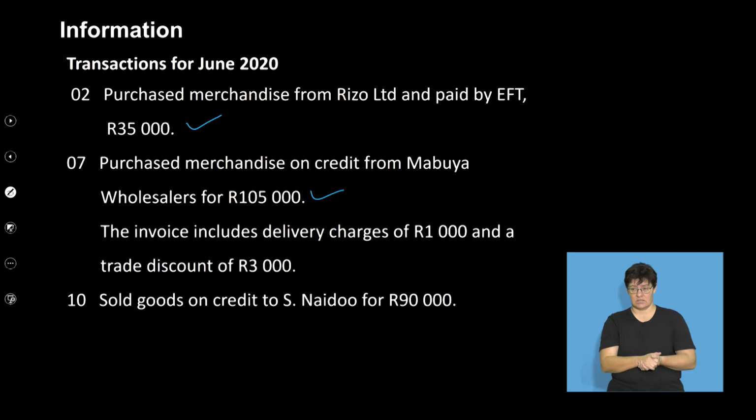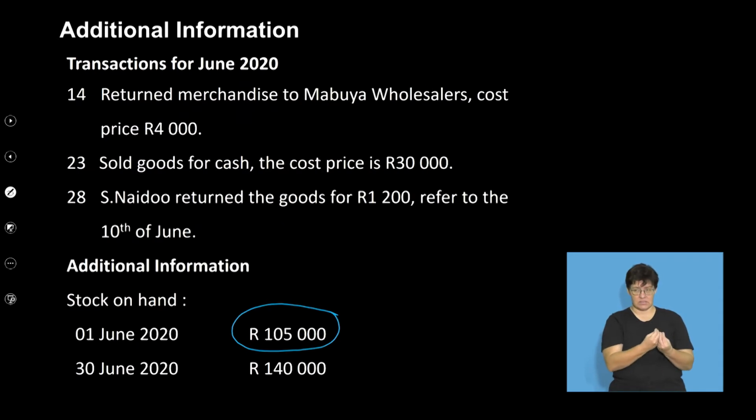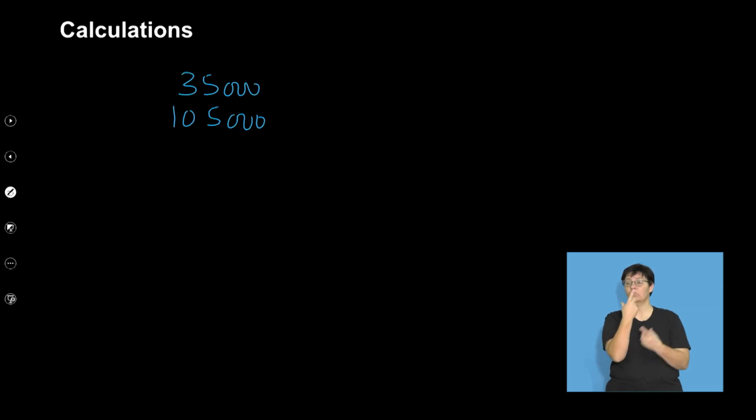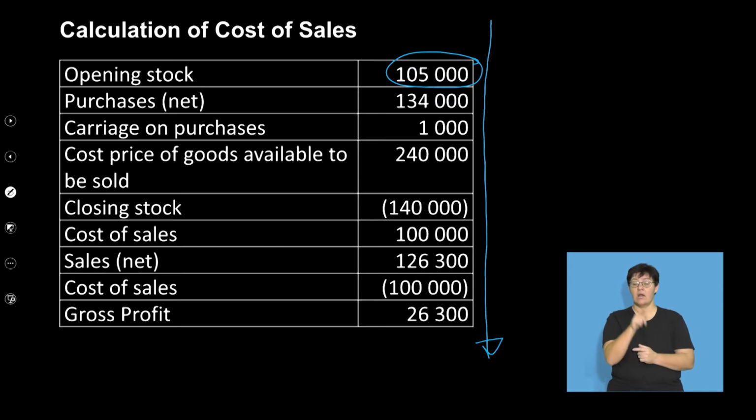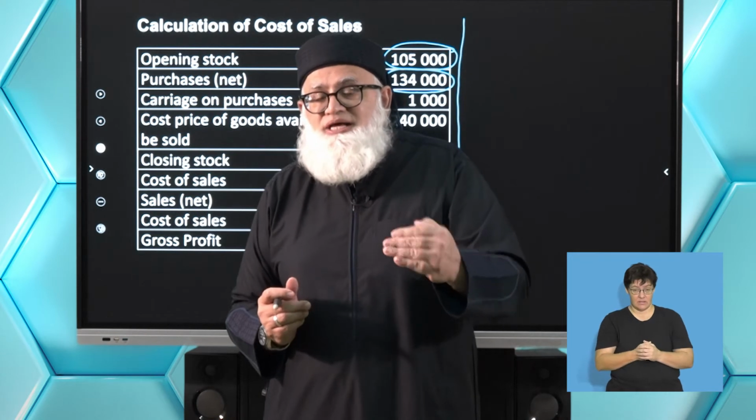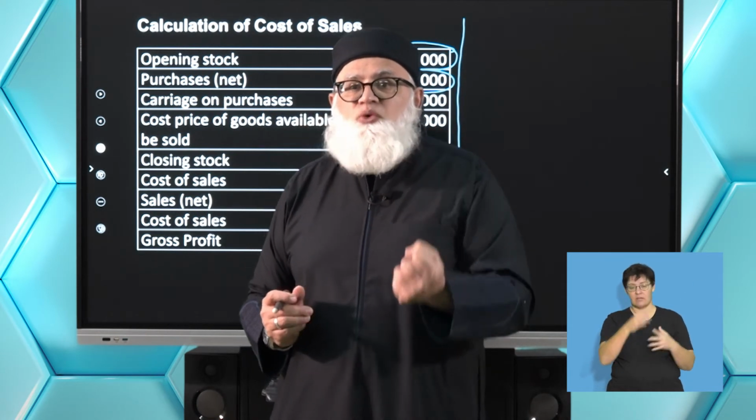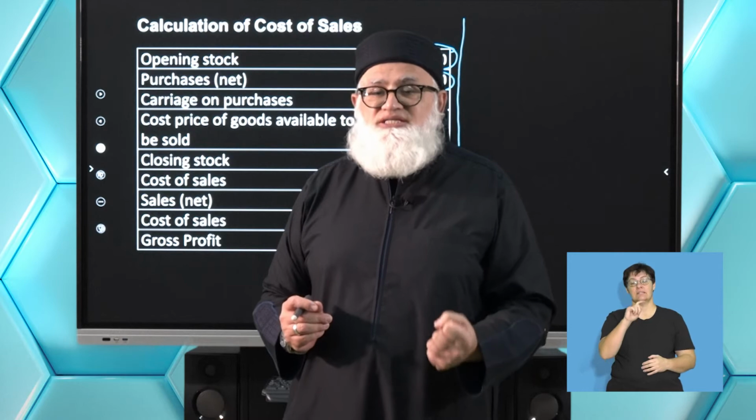Okay, then we sold goods. Okay, so we're looking at the purchases figure. Then obviously what you're now going to do is take that to determine your net purchases figure. So take all the information regarding your purchases, do your calculation, and then determine what was your net purchases figure.